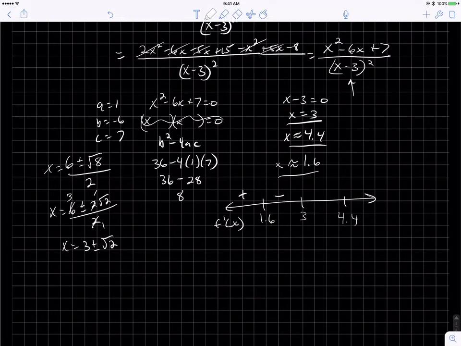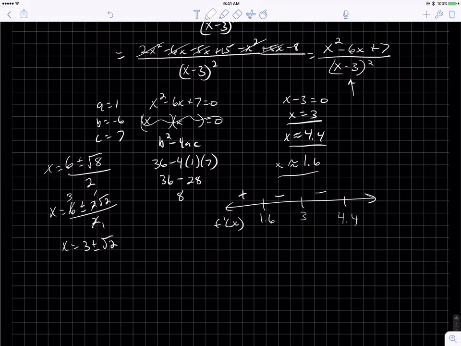Then I plug in 4 in the next interval. 16 minus 24. So that's going to be a negative 8 again. Plus 7. Let me just confirm that I did that right. 16 minus the 24.